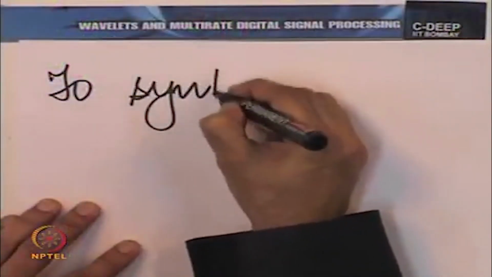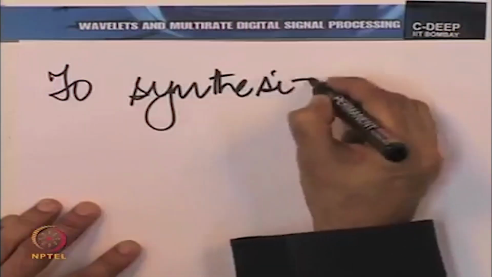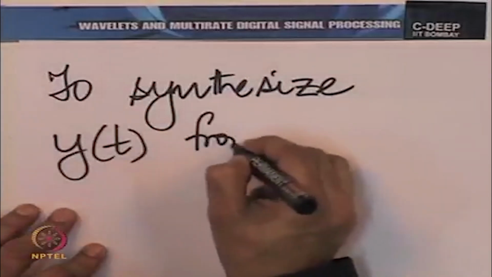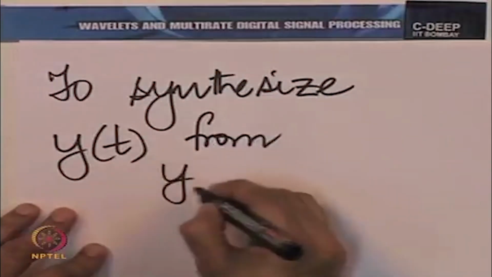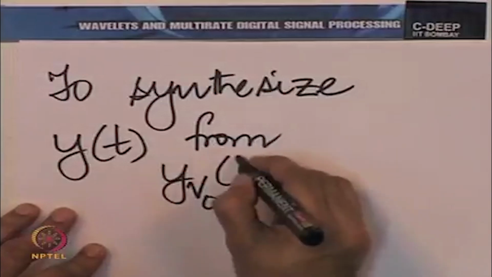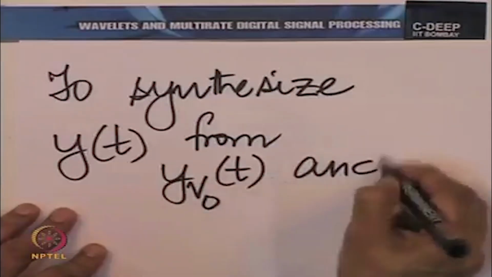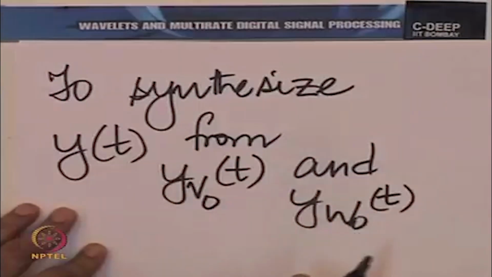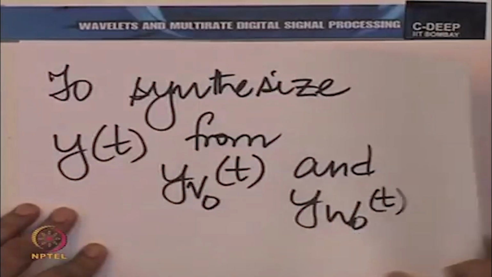So, essentially, if we wish to construct a synthesis filter bank to synthesize y(t) from yv0(t) and yw0(t), in continuous time it is very easy.